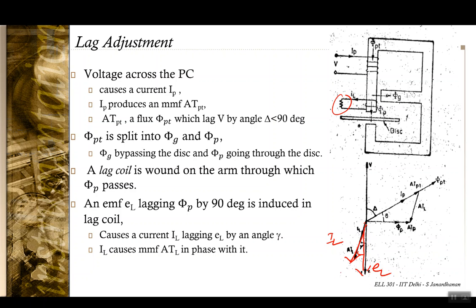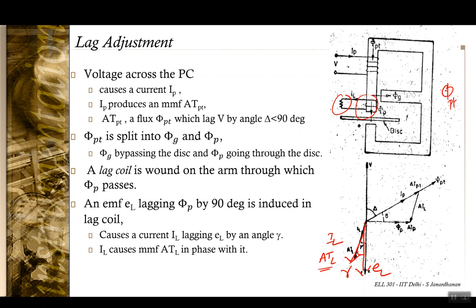Let's say gamma is the angle between EL and this current in the lag coil, IL. Now this current also interacts with the core, and it also produces a lag MMF.